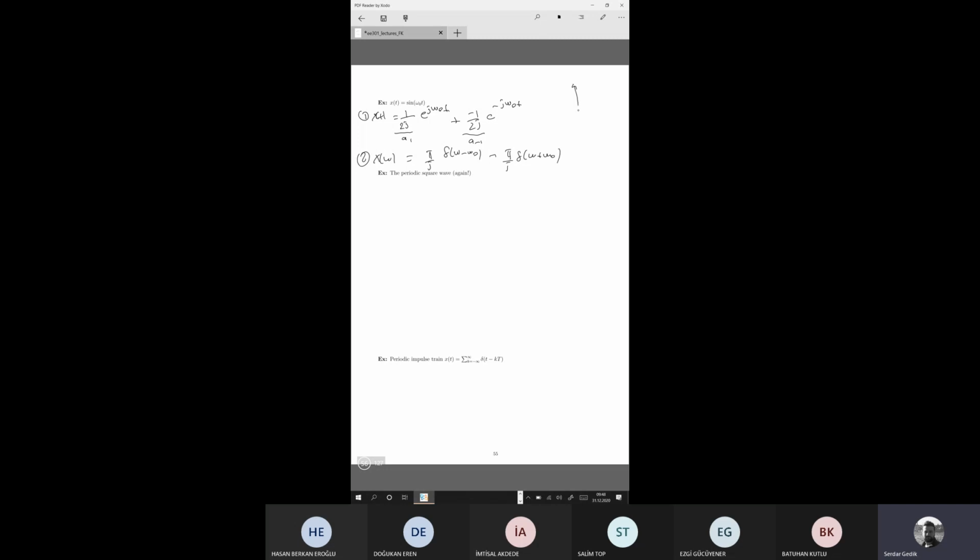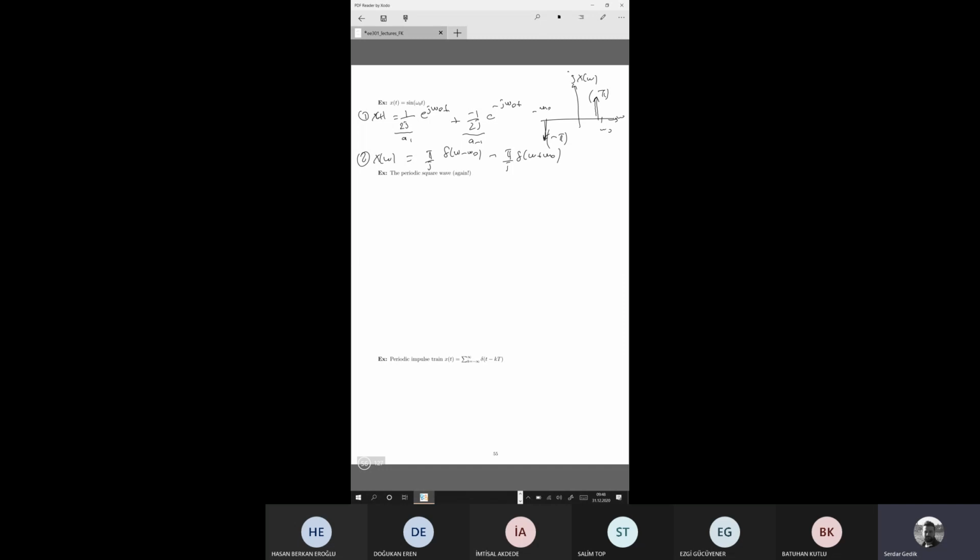If you plot j times X(ω), at ω0 you have π, and at minus ω0 you have minus π. By the way, these are the areas under the impulses. So one impulse goes to infinity, the other goes to minus infinity, but the areas under those impulses are plus and minus π, as given in the figure.